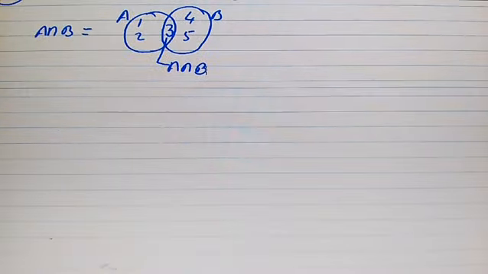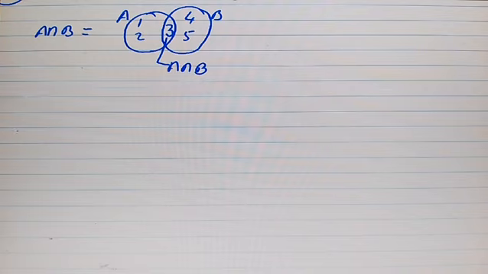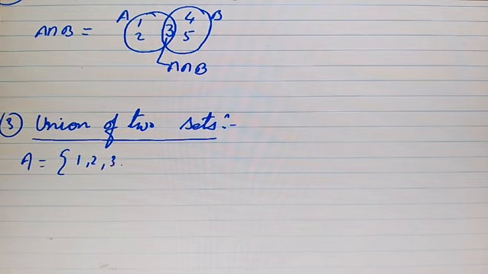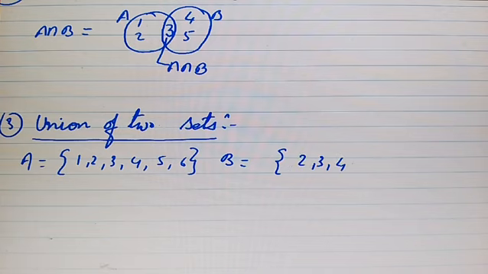Now, union of two sets. I'm going to tell you the third one, union of two sets. What will we do in this? See, A is equal to 1, 2, 3, 4, 5 and 6, and B is equal to 2, 3 and 4.